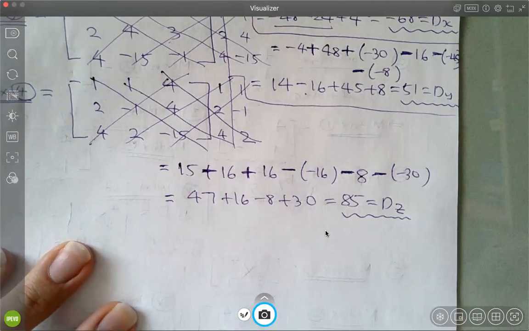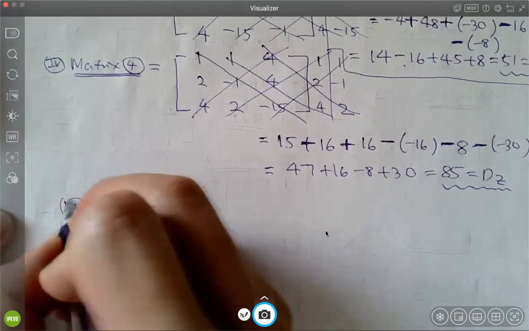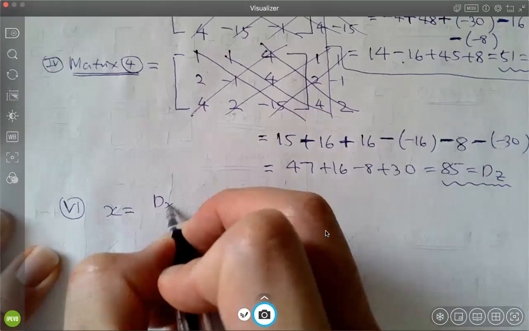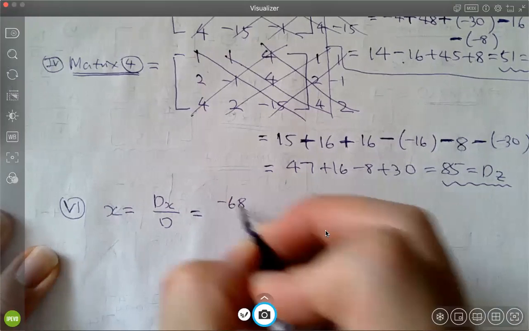So now we have done the hard work, and now let's put everything all together. So now what do you do? So x is equal to what? Dx over d. And what was dx? Dx was negative 68, and then d was 17.